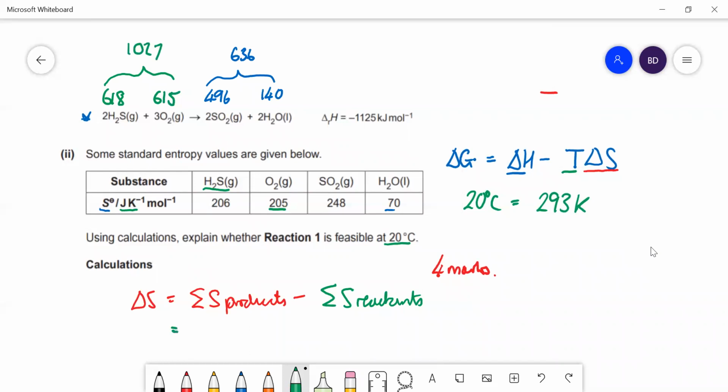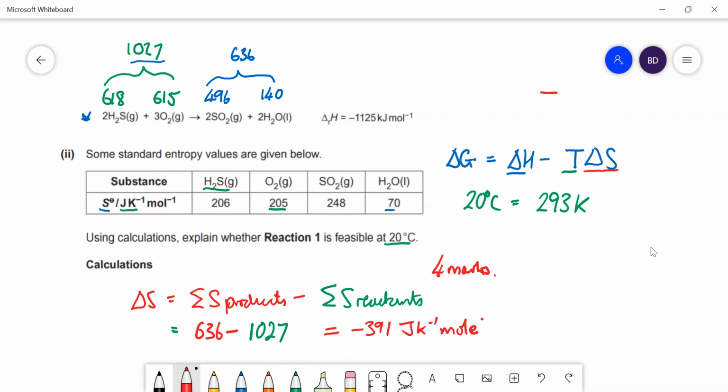So delta S is going to be equal to the products, which is 636, minus the reactants, which is 1027, and that is equal to minus 391 joules per Kelvin per mole.